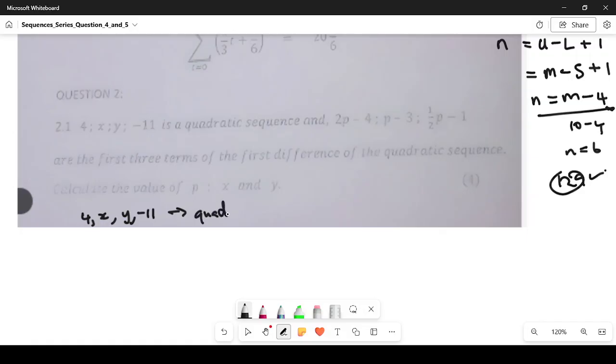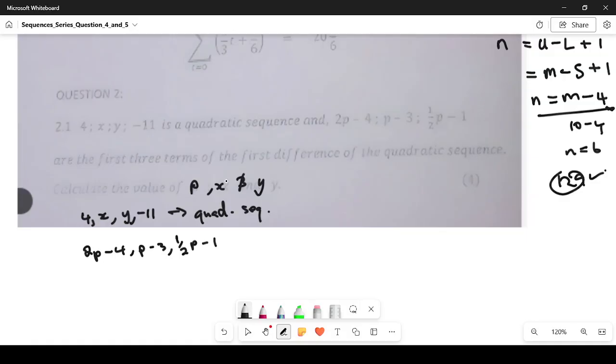So this is a quadratic sequence. And then we are told that 2p minus 4, p minus 3, and half p minus 1 are the first three terms of the first difference of the quadratic sequence. Calculate the value of p, x, and y.